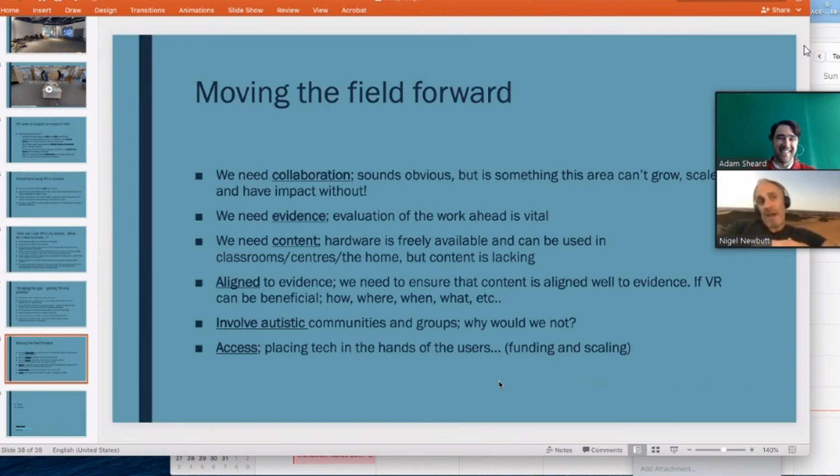And augmented reality, and the Microsoft devices with AR as well. I think there are some opportunities with those technologies moving ahead. I don't think this is just VR. I think there's a range of different immersive technologies which hold fruitful, beneficial opportunities for researchers to work with autistic communities and to see how these technologies can really have an educational, social impact.